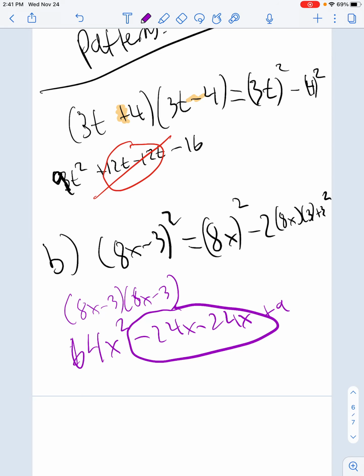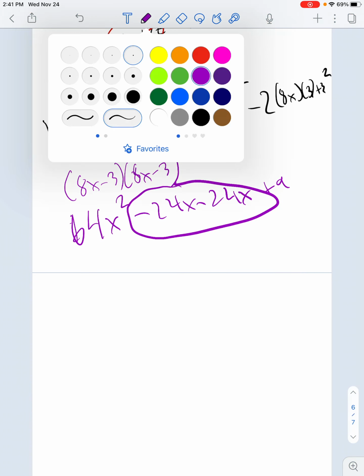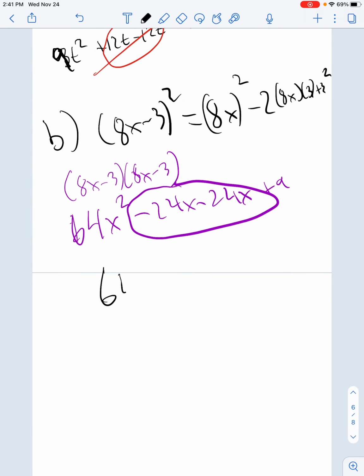And this would be plus 9, which 3 squared gets us. So if we keep simplifying, 64x squared, 2 times 8 times 3, or negative 24 minus 24 is negative 48x, and I'm left with plus 9 at the end.